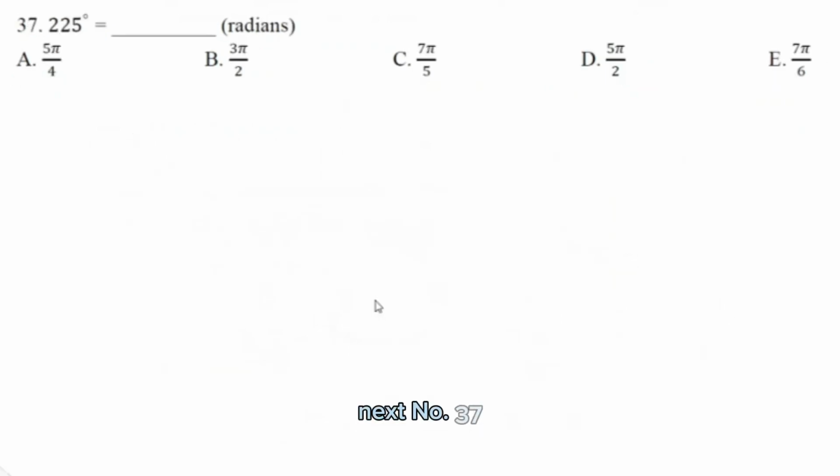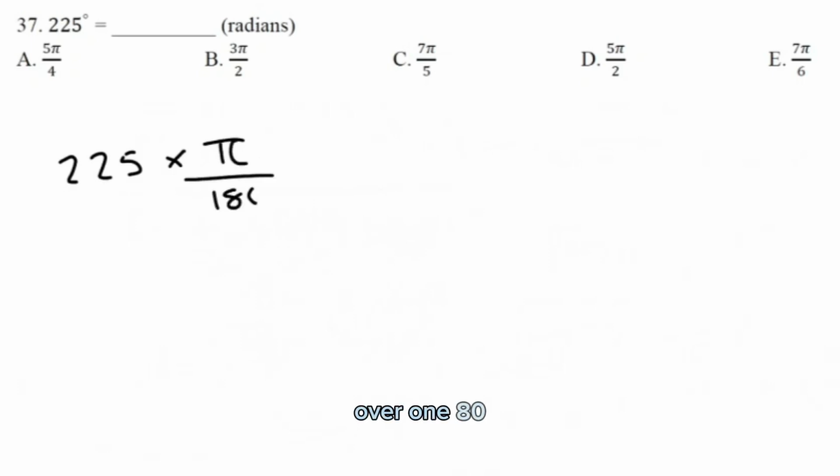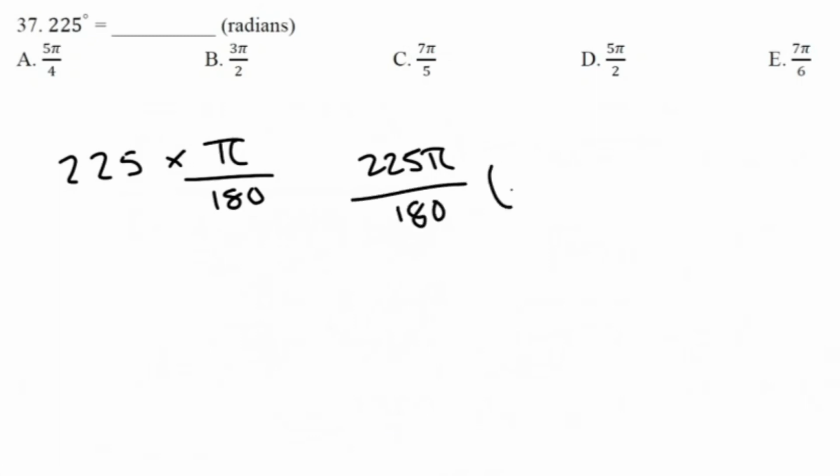Next, number 37. 225 degrees equals how many radians? Alright, so to convert from degrees to radians, all you have to do is multiply the amount of degrees, in this case 225, times pi over 180. So this becomes 225 pi over 180 in radians.